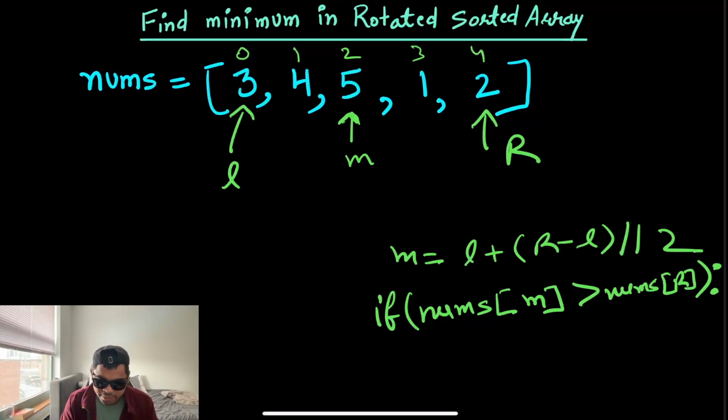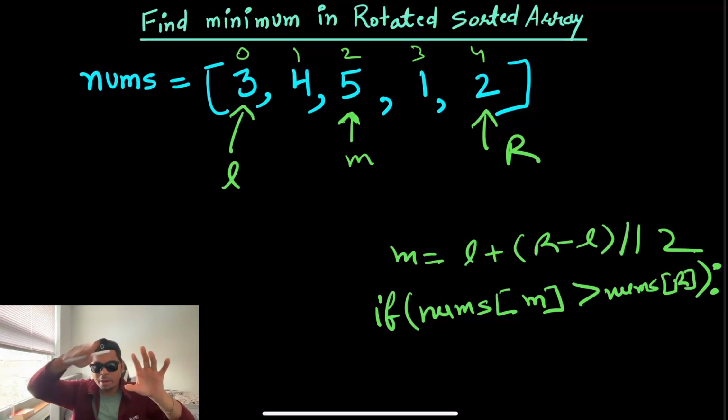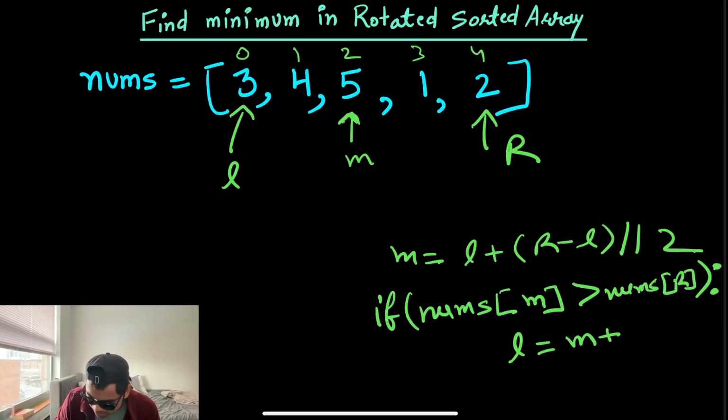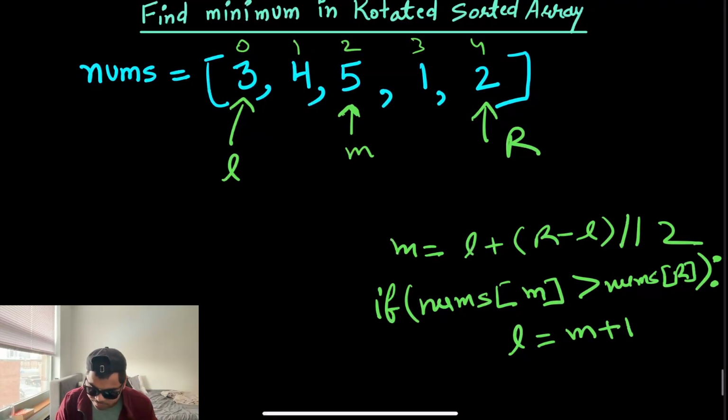I need to search now in the right portion, because if the mid element is greater than my right element, the lowest point must be between these two pointers, mid plus 1 and the right pointer. So I'll move my left pointer to mid plus 1.